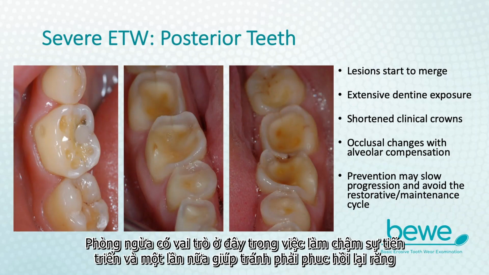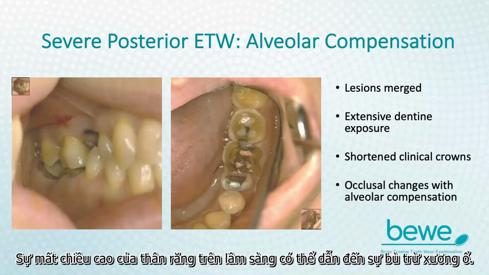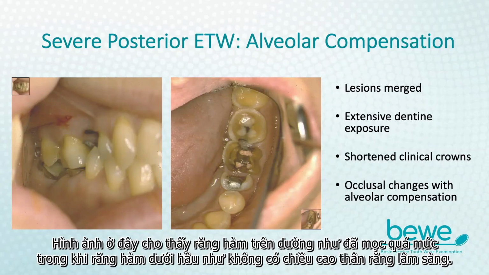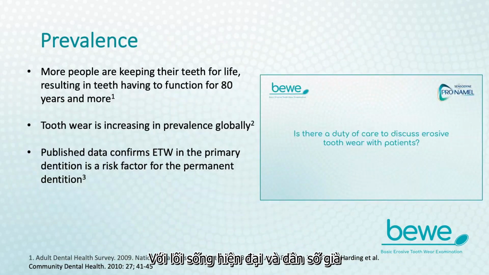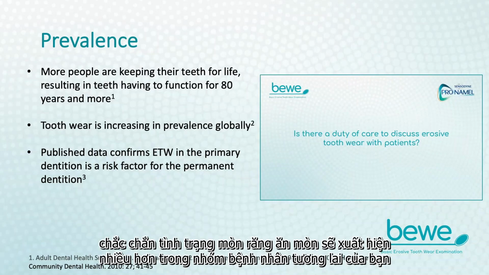The loss of clinical crown height can result in alveolar compensation. The images here show how the maxillary teeth have seemingly over-erupted, while the mandibular molars have almost no clinical crown height. With modern lifestyles and an aging population, it is inevitable that erosive tooth wear will feature more in your future patient populations.